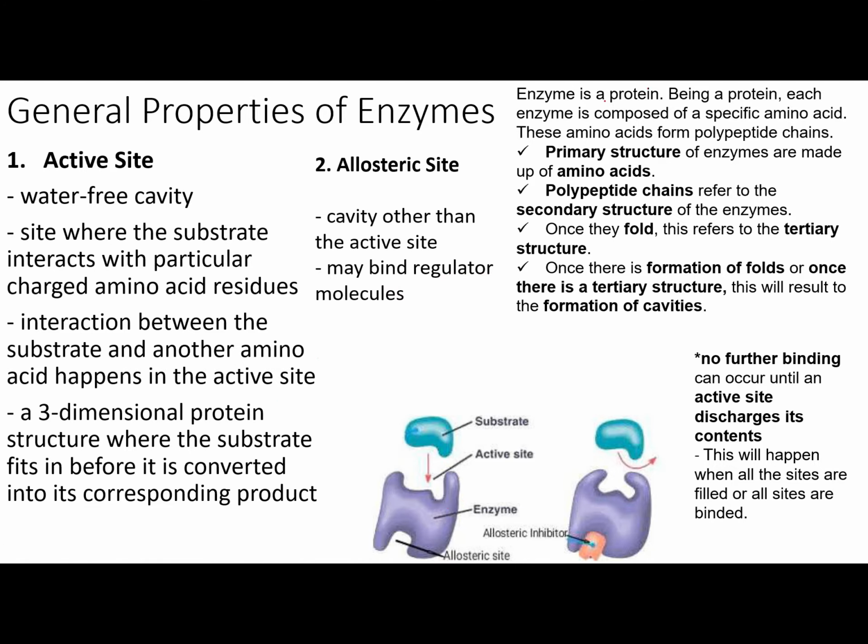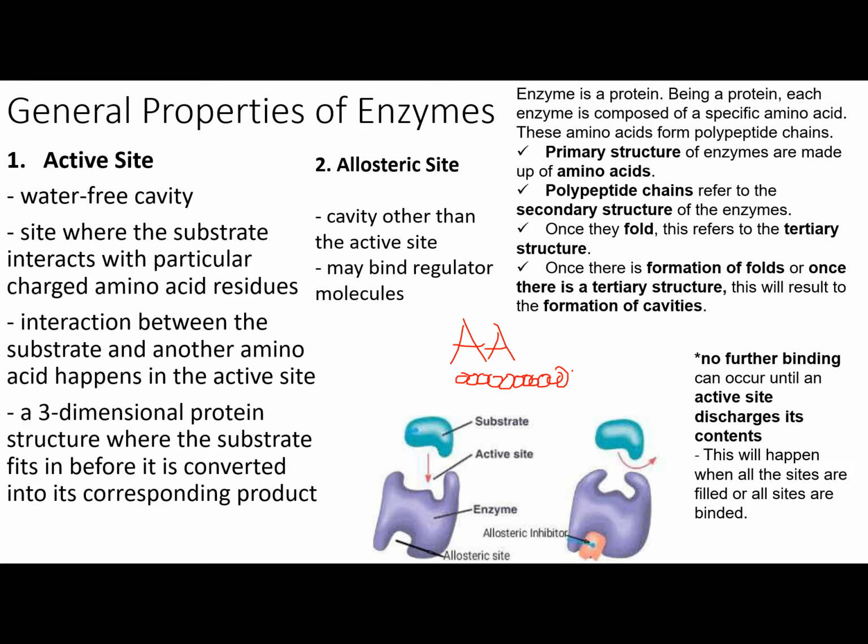Now, enzyme class, please take note, is a protein. So let's go back to your biochemistry. If you remember class, proteins class are made up of amino acids. Now, this amino acids class would form polypeptide chain. If naalala nyo sa biochem nyo, di ba yung mga amino acids, yung mga bilog-bilog sila, that was the representation of amino acids. They would form this polypeptide chain.